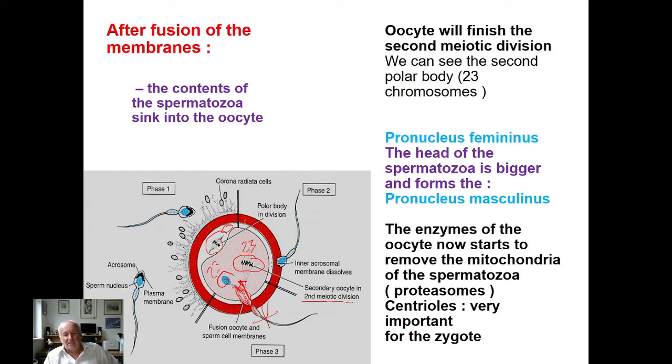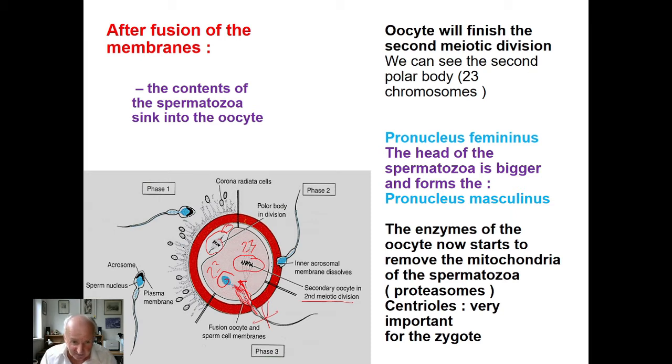Proteasomes are structures that break down proteins, polypeptide chains. The proteasomes are present in the cytoplasm of the oocyte, and all mitochondria from the sperm will vanish. In the oocyte remain only the oocyte's mitochondria, that means the maternal mitochondria. This is the first interesting thing.